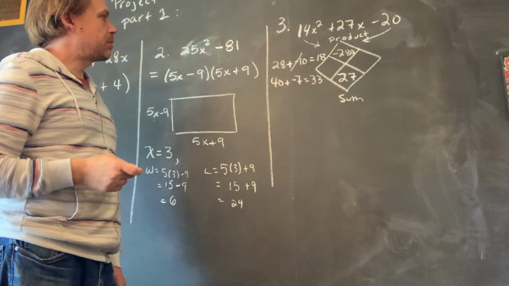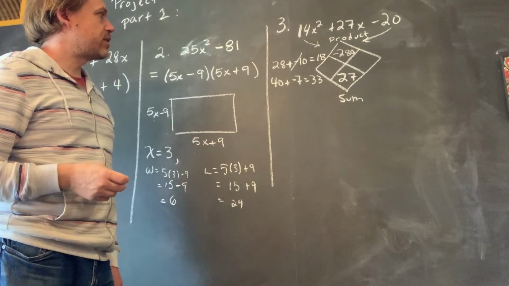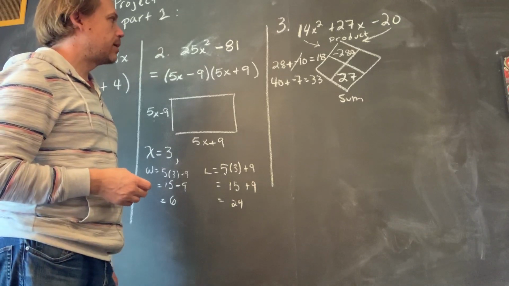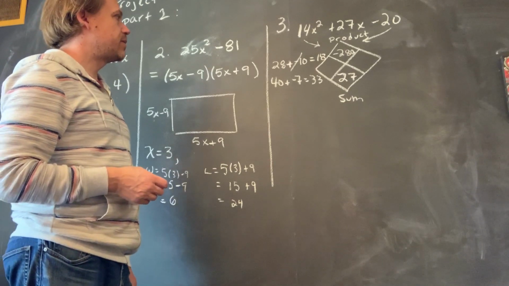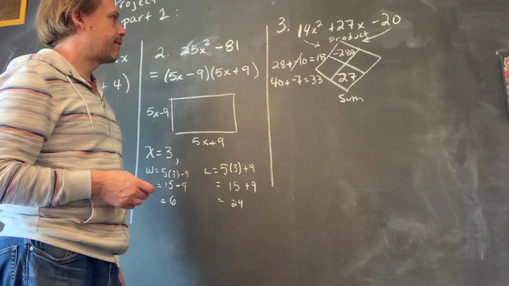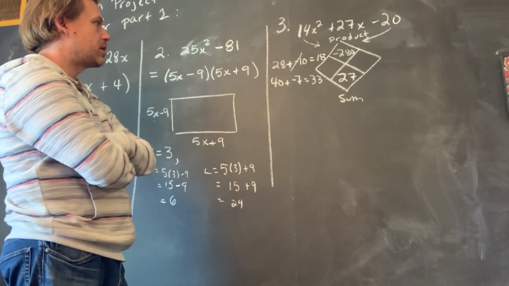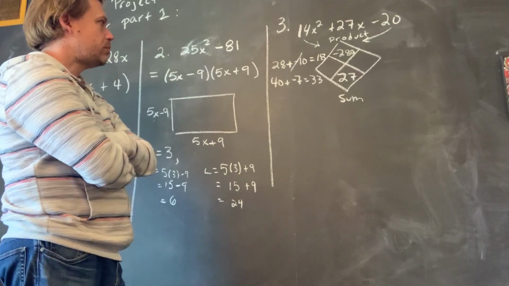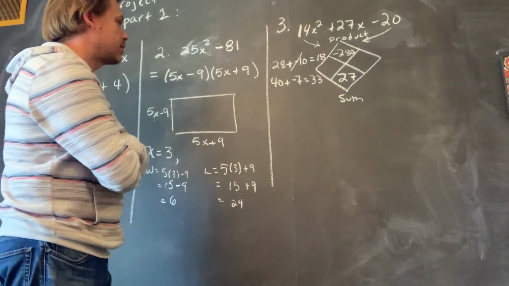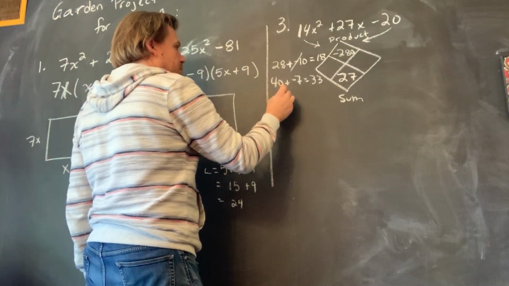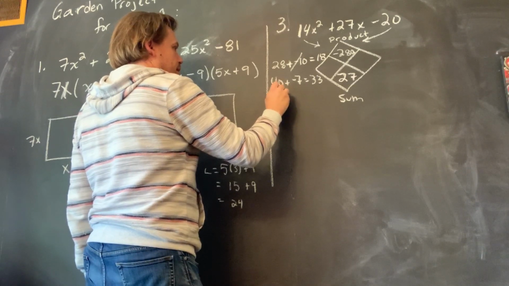So I'm looking for a number that's less than 40, that 280 is divisible by. 280 is divisible by 20, but that's maybe too small. 20 times what? 14. That's not going to work.